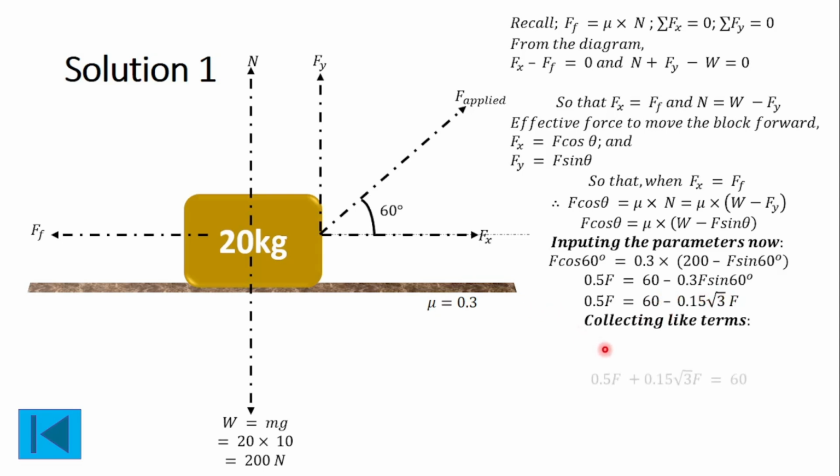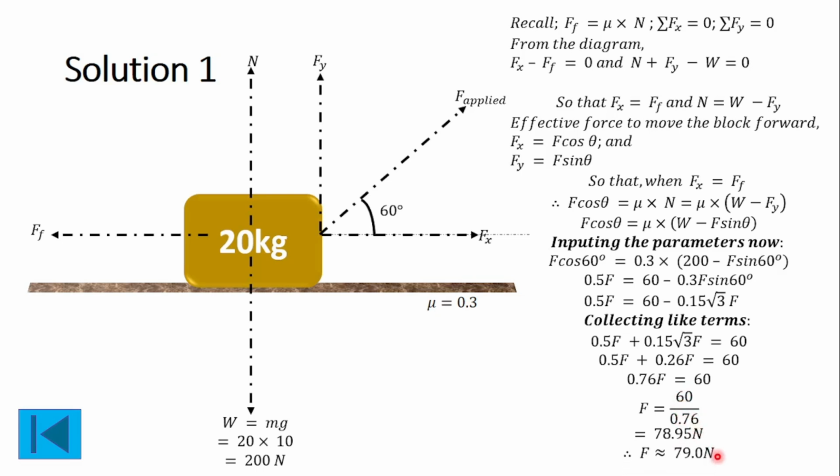So we have 0.5 F plus 0.26 F equals 60, that is 0.76 F equals 60, and F equals 60 divided by 0.76, which gives 78.95 newtons, approximately 79.0 newtons.